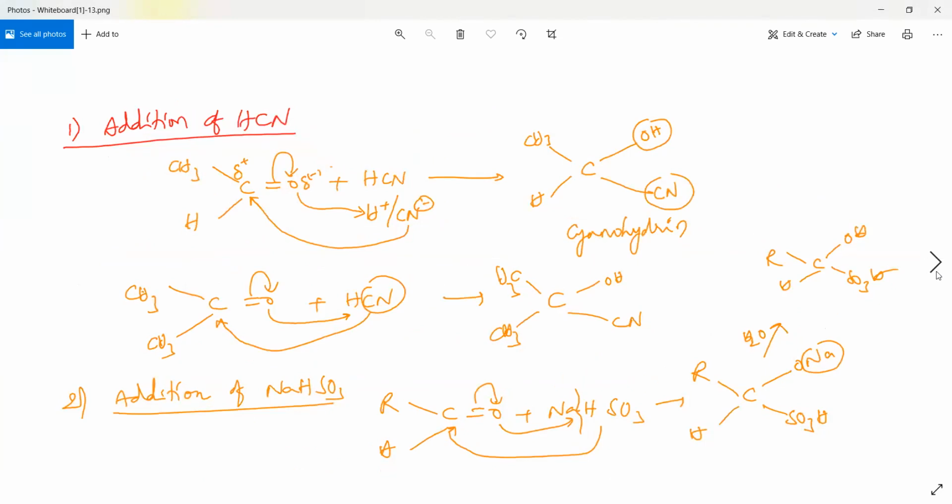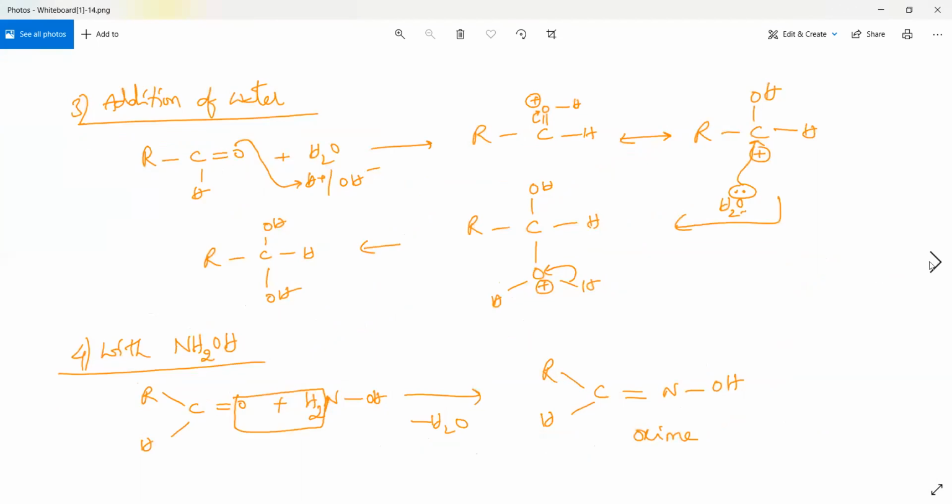This you might have studied for PU. Cyanohydrin you will get. Similarly, addition of NaHSO3. That SO3H group will be substituted. Addition of water, hydrolysis. So finally you are getting the diol, geminal diol.